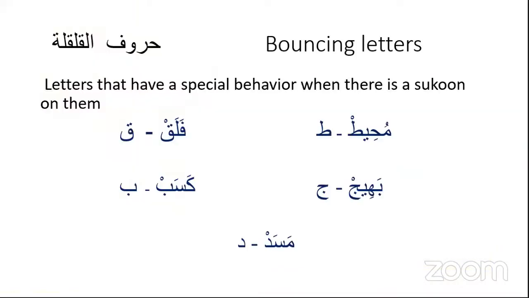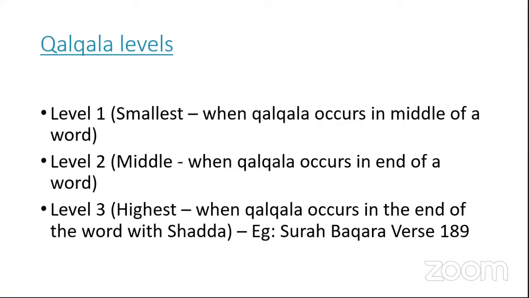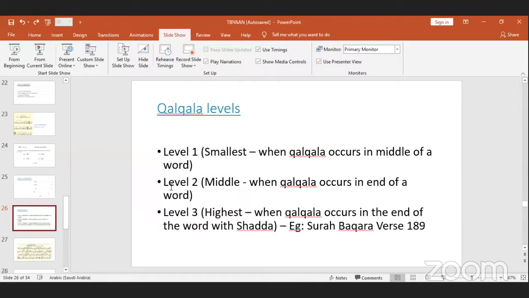So I can say the names of these. The names in Arabic, you don't need to learn it nor note it down. People who want to learn tajweed a little deeper can note it down. So level 1 is called qalqalatul sugra. Sugra means smallest.